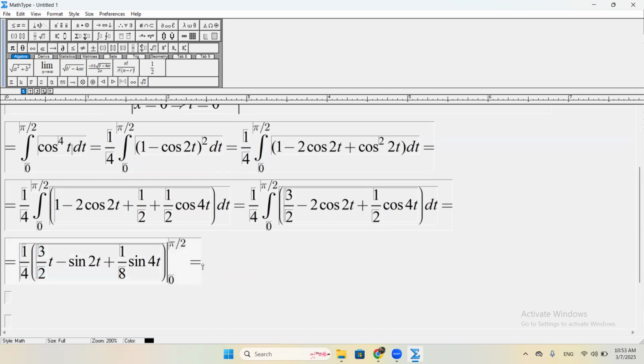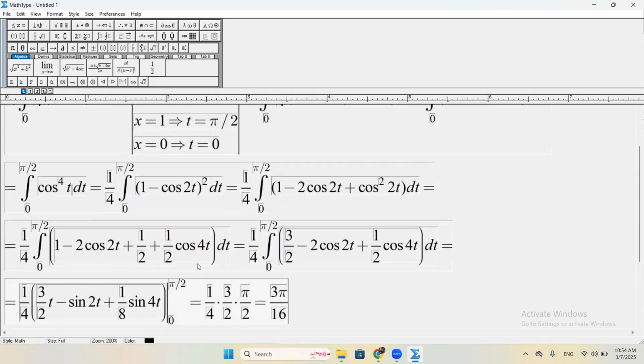So 1/4, then multiplied by 3/2 and by p/2. So the final answer is 3p/16. And that's it. Any questions about this exercise?